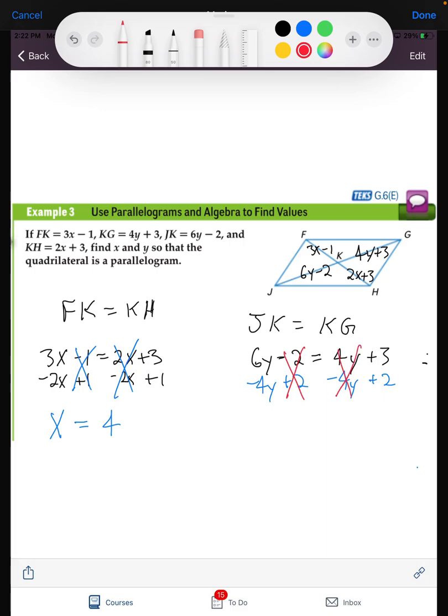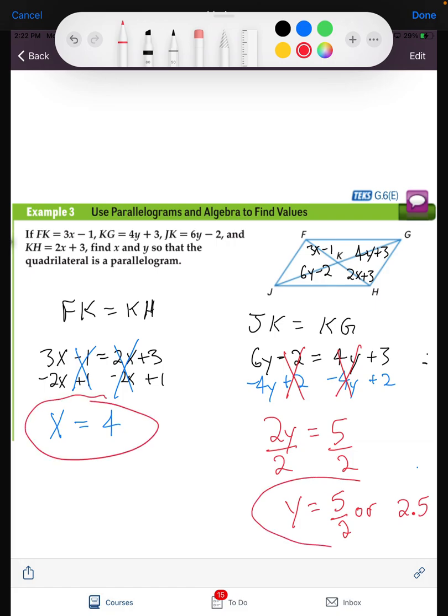We have 6y minus 4y equals 2y equals 5. Then we need to divide by 2 on both sides to get y by itself. So we have y equals 5 over 2, or in decimal form, that's 2.5. So we got x is 4 and y equals 5 over 2.